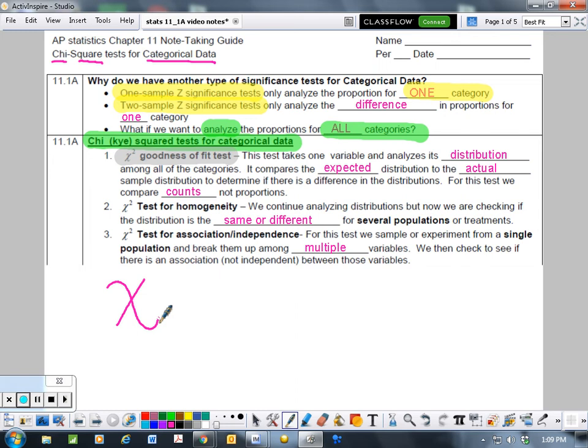This test takes one variable, so the variable may be favorite color, and it analyzes its distribution, so maybe blues, greens, reds. Instead of looking at just one color, blues, so what proportion of the kids have blue as a favorite color, I'm not looking at any of the other stuff.